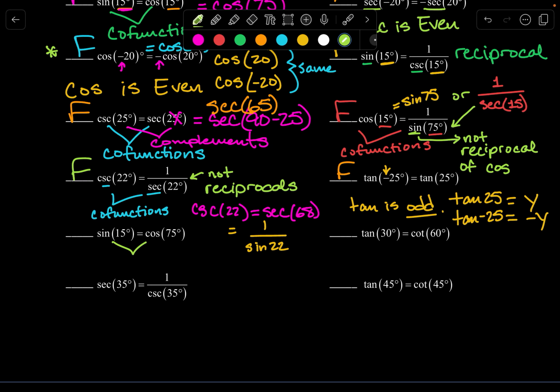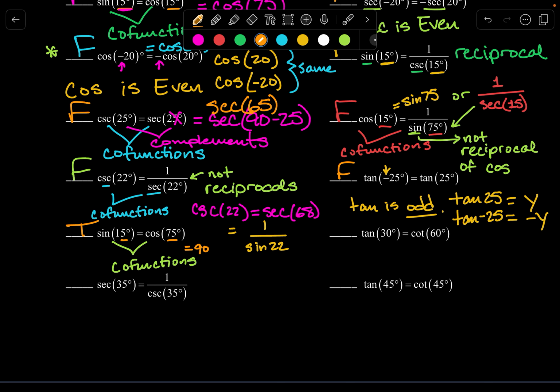All right, now moving to the next row. We got sine and cosine, which are cofunctions. And we've got 15 and 75, which add up to 90. So this is true. Sine 15 is cosine 75.